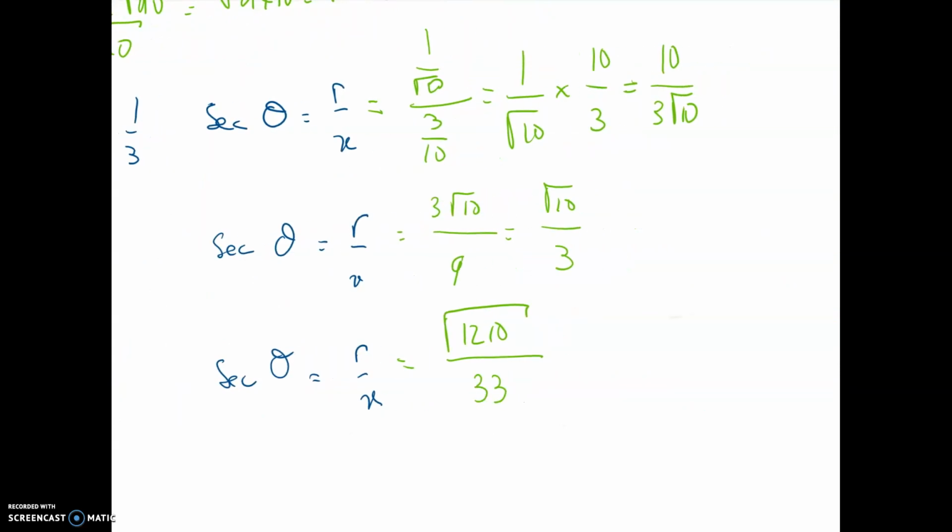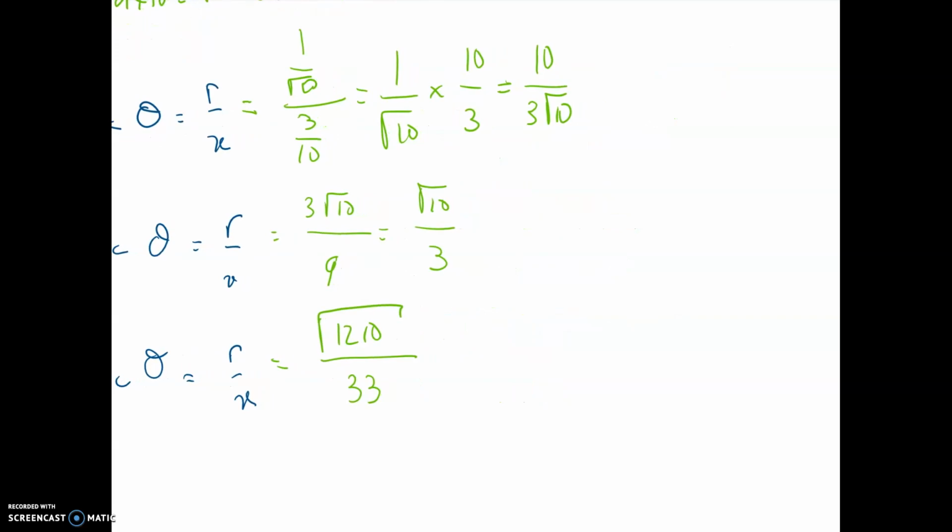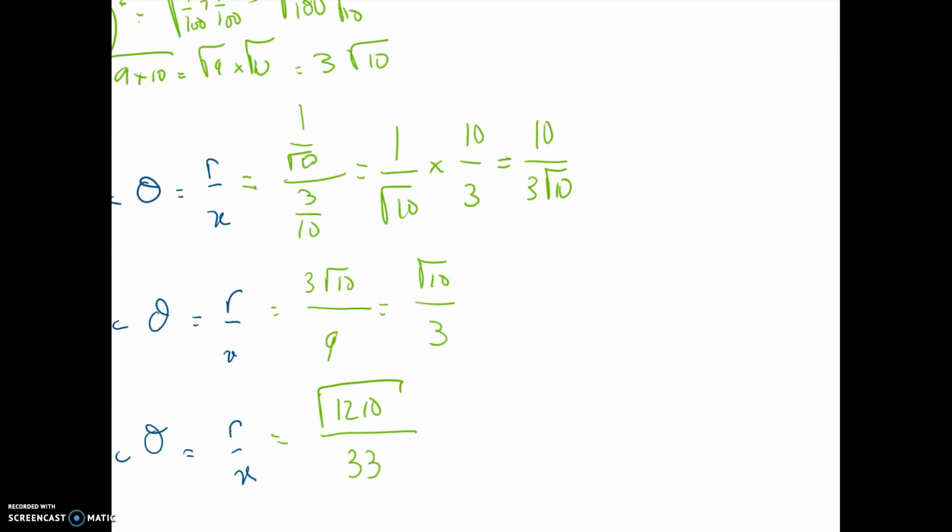So let's go back a little bit on the first one. When you have 10 over 3, let's see if I can calculate the decimal. I'm going to calculate the last one because that's the one I have on my calculator. Divided by 33, I think I found one around 1.05409. On this one, I have the square root of 10 divided by 3.